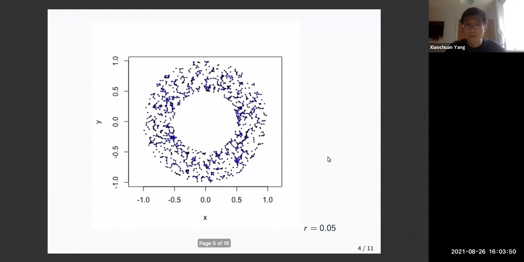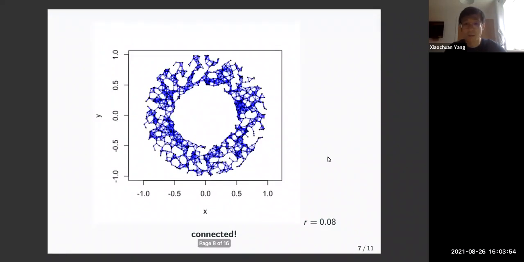There are many components. As I increase the value of R, we see fewer and fewer components until we reach a point where everything is connected and the number of components is equal to 1. So we see that the number of components depends very much on the choice of R and n. This can be put into more rigorous terms.